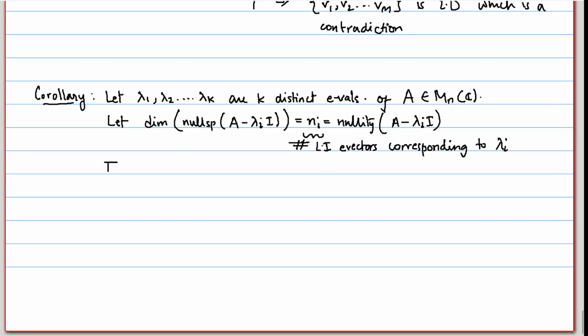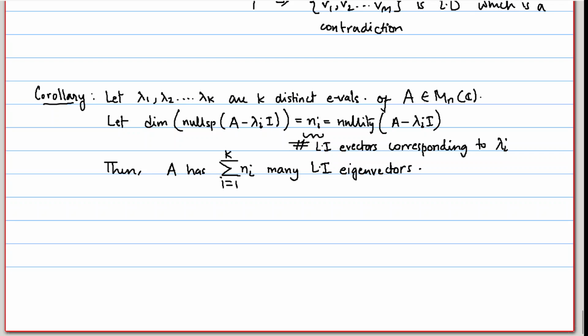So the theorem says that A has the sum of n_i, with i running from 1 to k, linearly independent eigenvectors. So this is the claim.